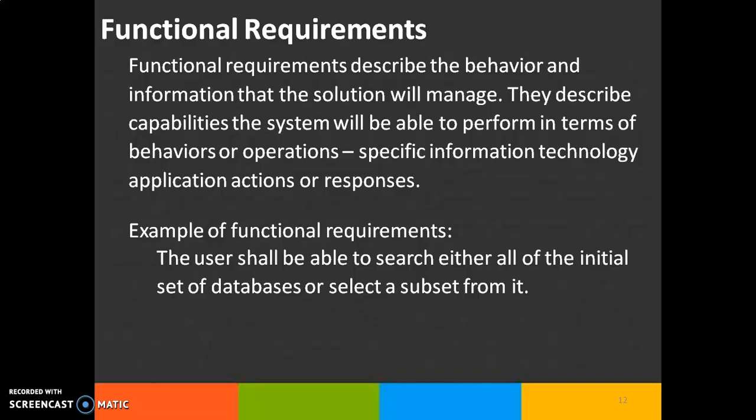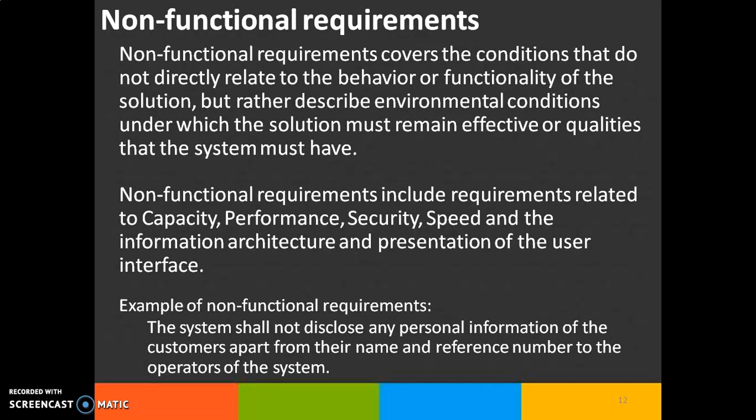Next one is the functional requirement. Functional requirements describe the behavior and information that the solution will manage. They describe the capabilities of the system. For example, the user shall be able to search either all of the initial set of databases or select a subset from it. That is nothing but the functional requirement.